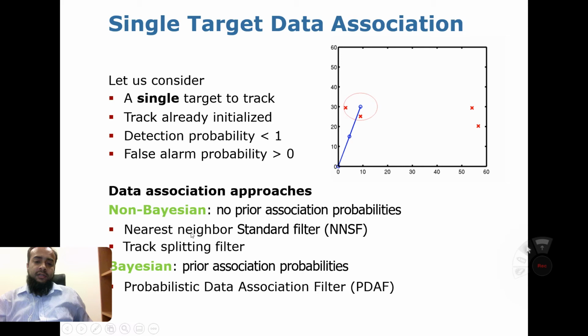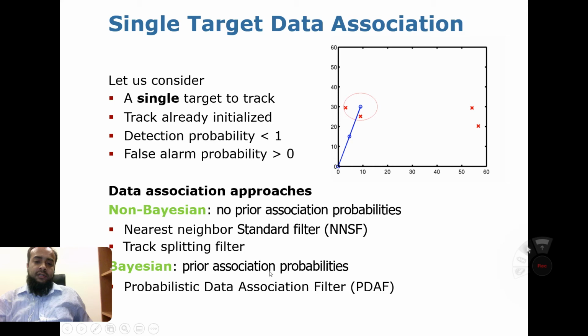For example, the nearest neighbor standard filter and the track splitting filter. The probabilistic data association filter (PDAF) is an example of the Bayesian approach where we calculate the association probability.